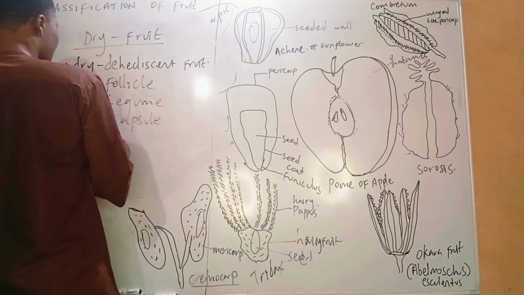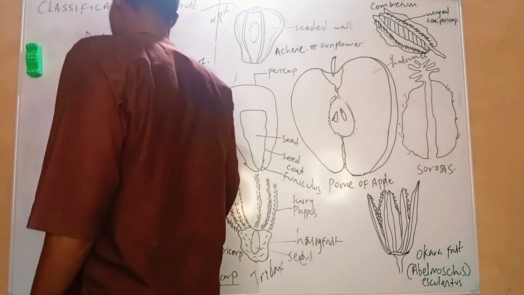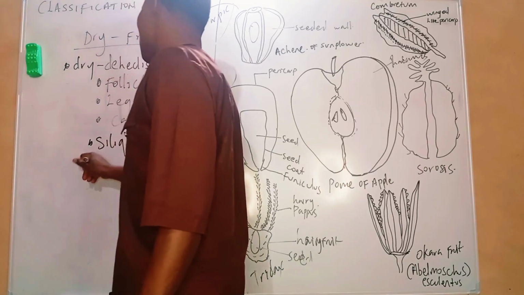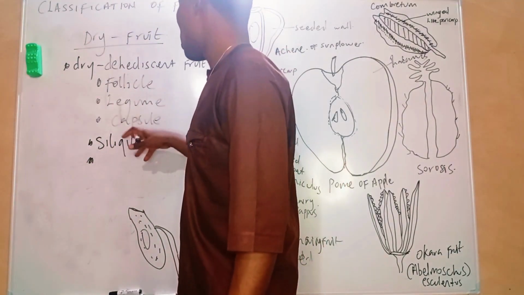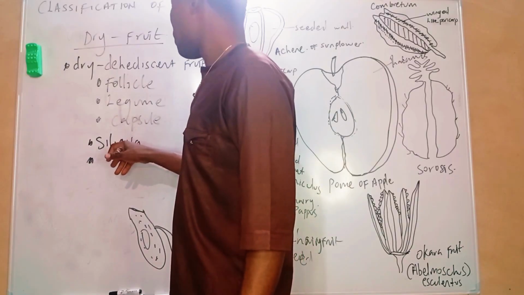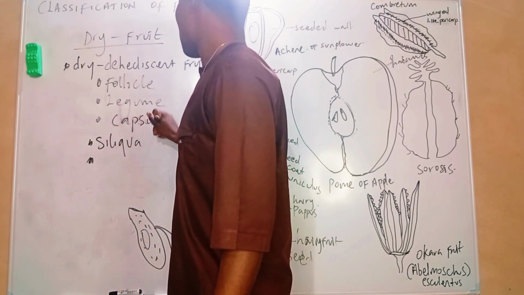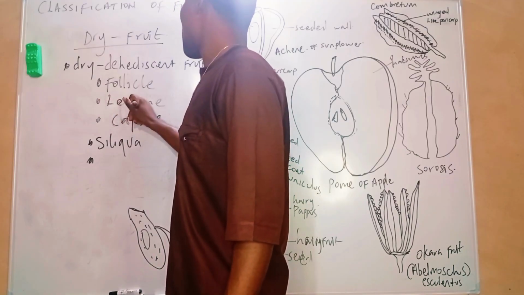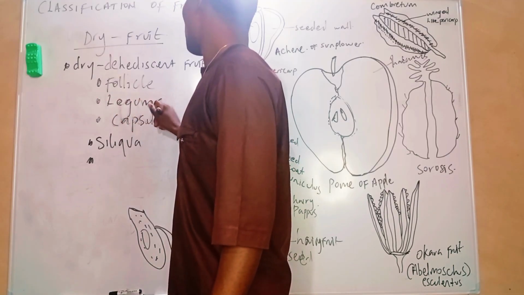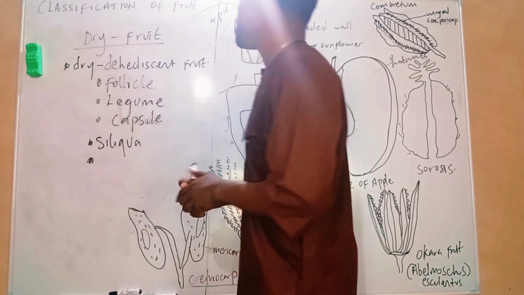So basically these four: capsule, legume, follicle, and the siliqua. All right, so how do these look?